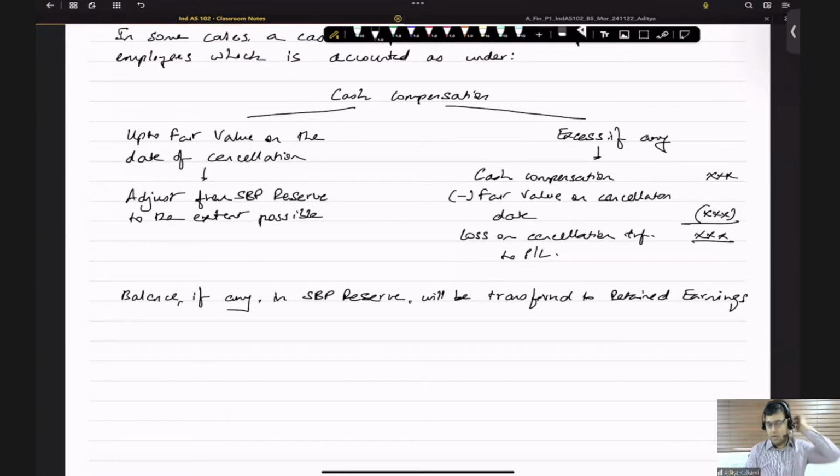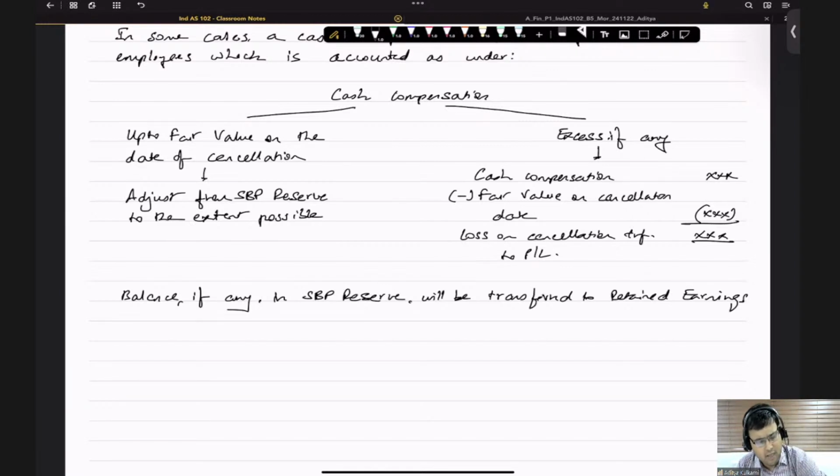You cannot keep SBP reserve balance and cancel the options. Okay, then the reader will be confused. एक तरफ बोल रहे option नहीं है, दूसरी तरफ आप SBP reserve रख रहे हो. So the reader of financial statements is going to be confused. So that is why best job is close the SBP reserve and transfer to retained earnings.